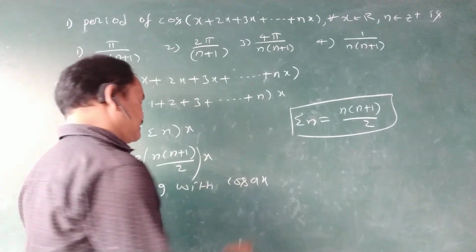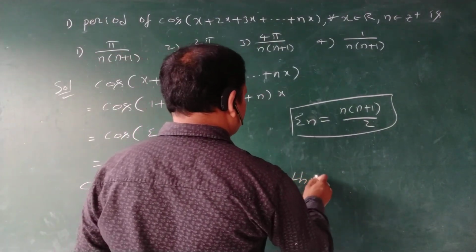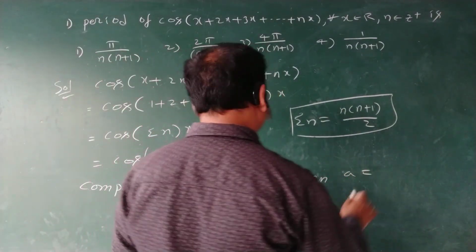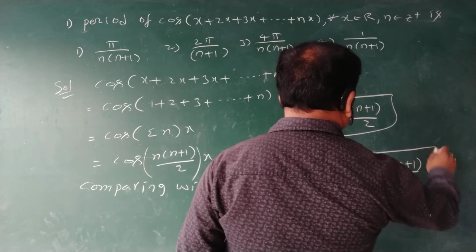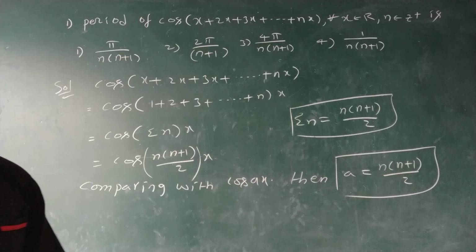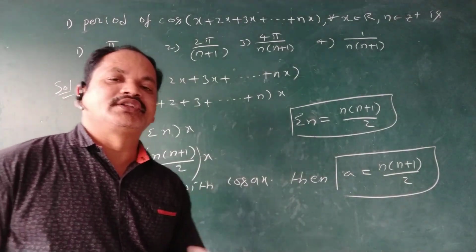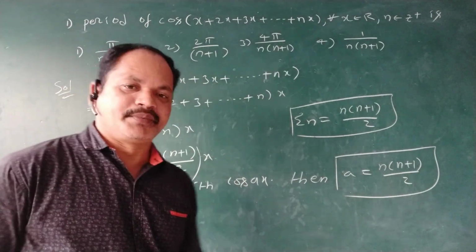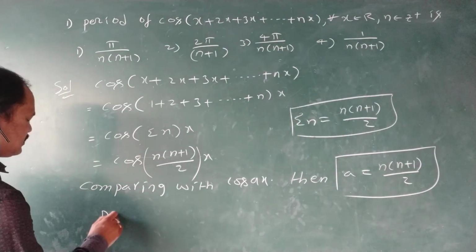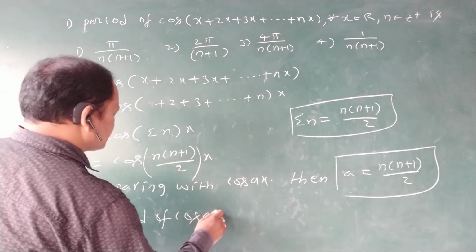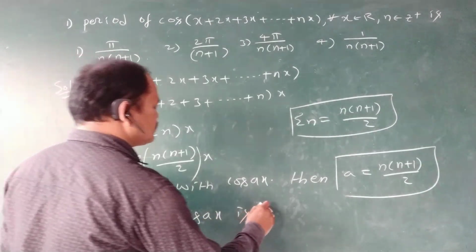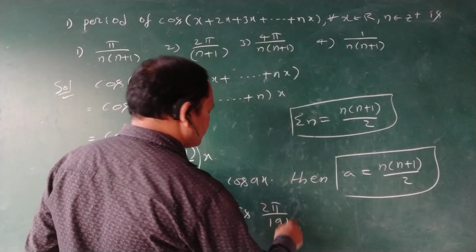So cos ax, then a is equal to n(n+1)/2. That's why in place of a, we have n(n+1)/2. Now what is the period of cos ax? The period of cos ax is 2π/|a|.